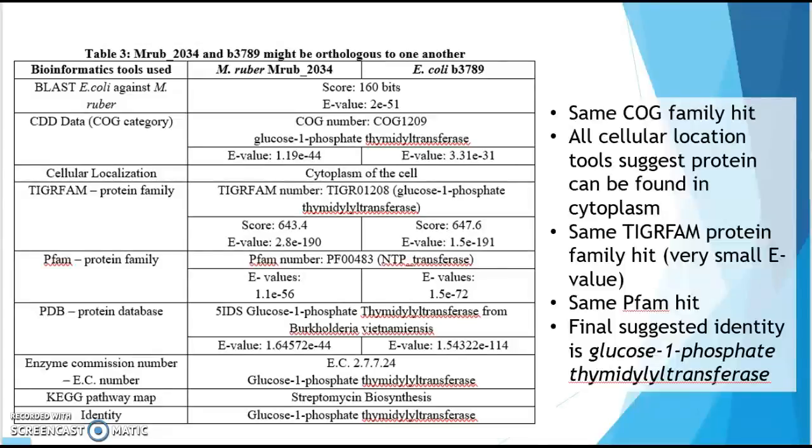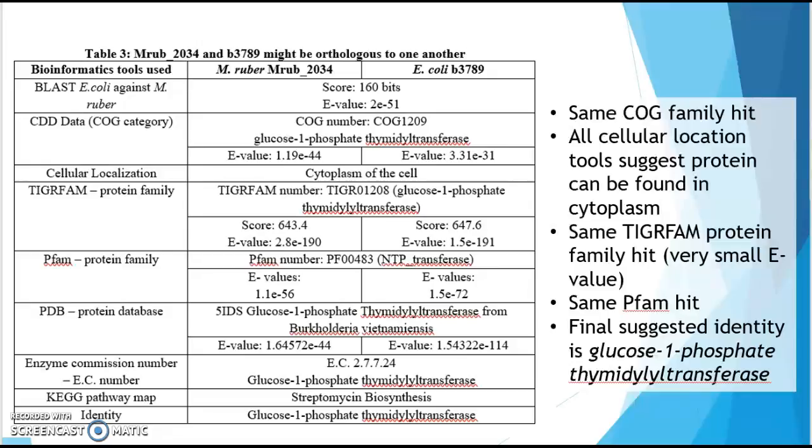Again, for the protein BLAST, very high score, very low e-value, suggesting that they had very similar amino acid sequences. They both related to the same COG number, which again was COG1209, suggesting that they coded for the protein glucose 1-phosphate thymidylyltransferase.